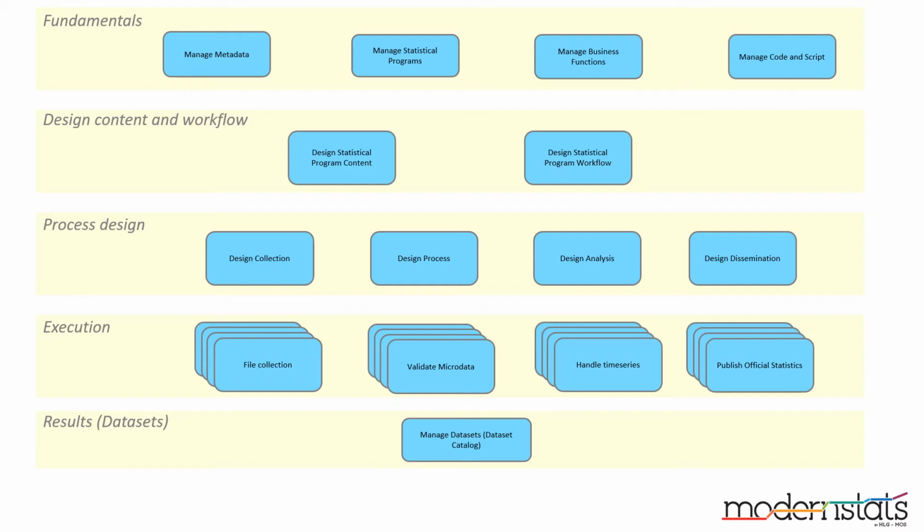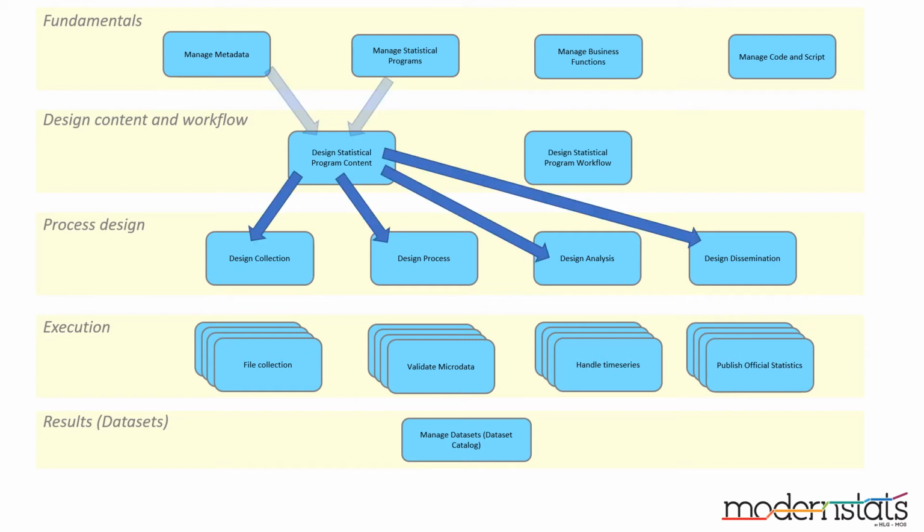So what we're going to do now is take a look at the value streams through these capabilities you see here. So here, what we do, for example, is that we are taking metadata and combine it with a statistical program. So we can design a statistical program content, and the content is typically data structures, and we have data structures that we use in design collection, design process, design analysis, and design dissemination.